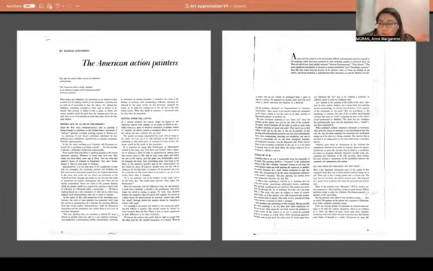The term action painting was coined by Harold Rosenberg, the author we are talking about, in his groundbreaking article, The American Action Painters, published in Art News in December of 1952. Action painting was heavily criticized, which led to a rebellion led by creatives from different art movements.